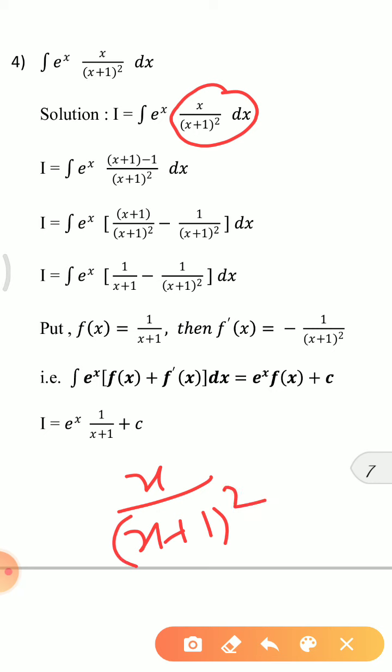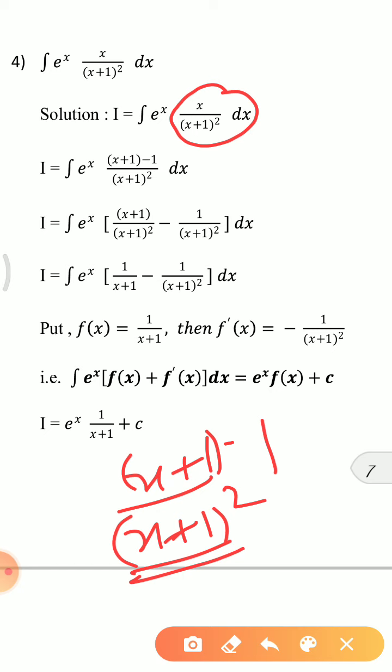That is, we have to adjust the numerator by plus minus 1, that is x plus 1, because in the denominator we have x plus 1 here. We should adjust the numerator as x plus 1 minus 1 here. That is, we take x plus 1 in one bracket minus 1, and the denominator x plus 1 the whole square as it is here.